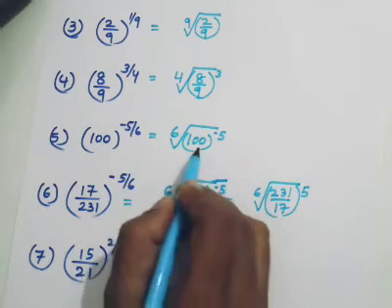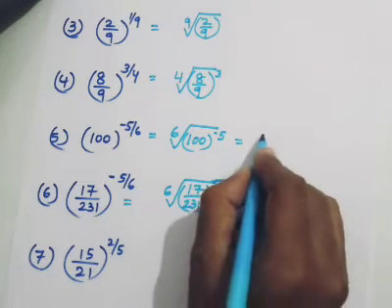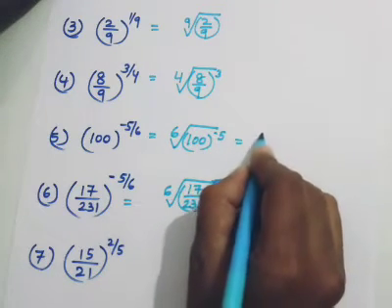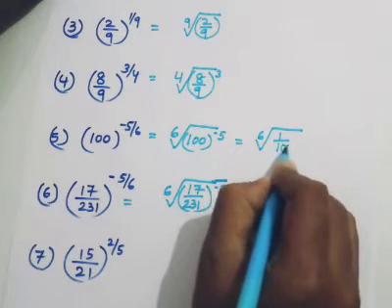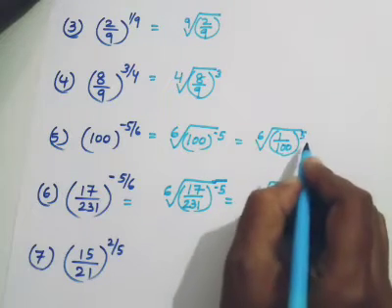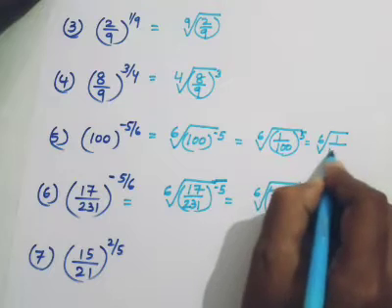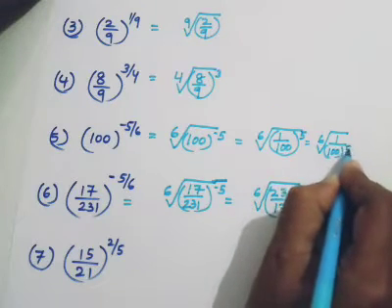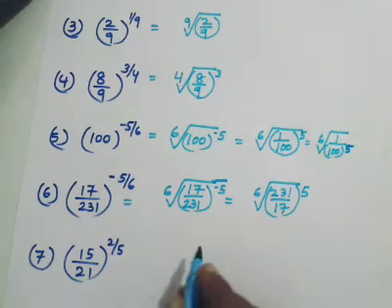You can say, ma'am, here also, yes, here also you can do: 100 is in the numerator, so it will come to the denominator if you want to change minus 5 into plus 5. So this will become 6th root of 1 by 100 to the power 5, because 1 to the power 5 will always be 1.